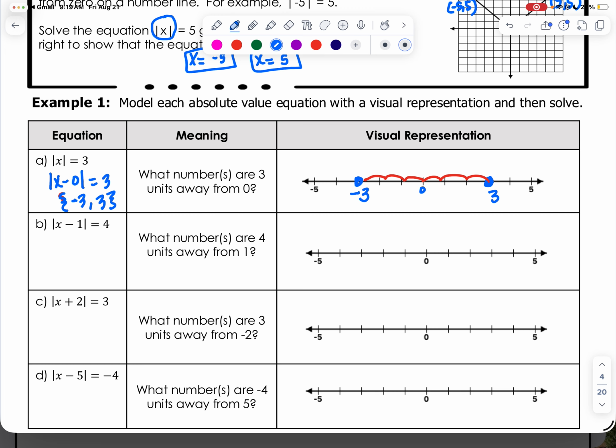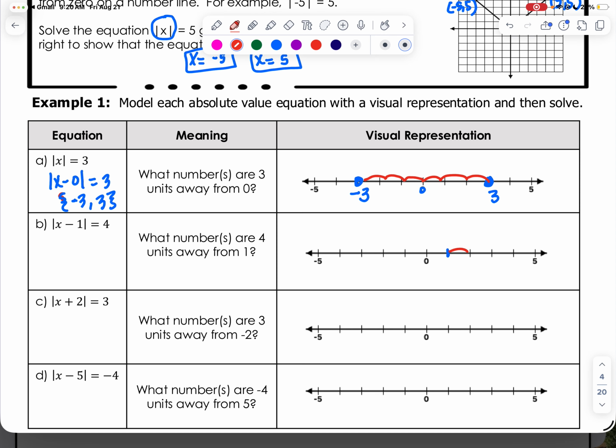All right, let's say we had the equation absolute value of x minus 1 is equal to 4. That literally means what number or numbers are 4 units away from positive 1. So here's positive 1 on our number line. I want to count 4 units to the right and 4 units to the left.